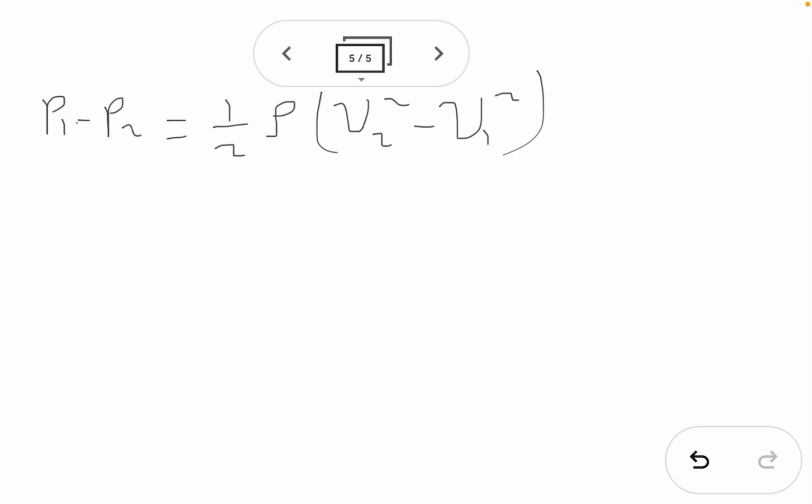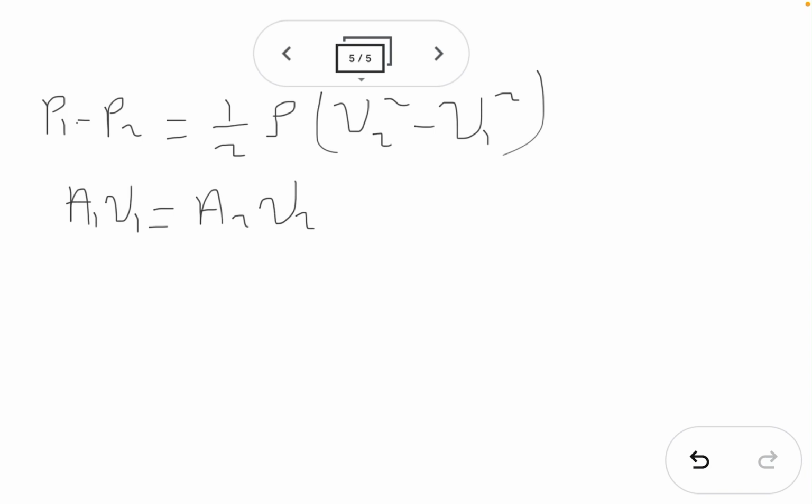So from here we can consider the continuity equation for an incompressible fluid, because that is what we are looking at, and we know that it's given as area 1 multiplied by speed 1 equals area 2 multiplied by speed 2. We want to find speed 2.